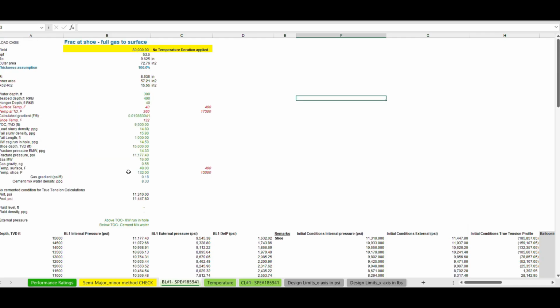I think this well is a vertical well, so we don't need to worry about the bending. There's no dogleg here and no side force. So let's ignore the drag force. Let's ignore the shock load as well.